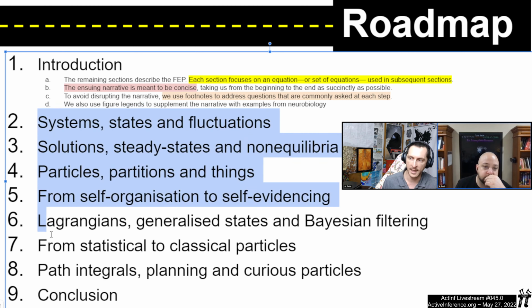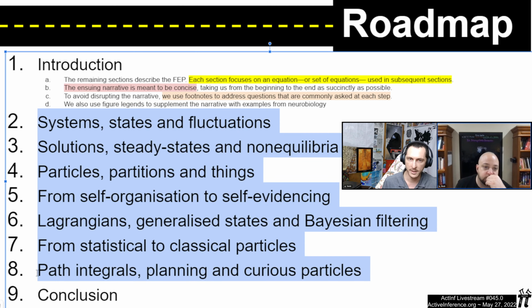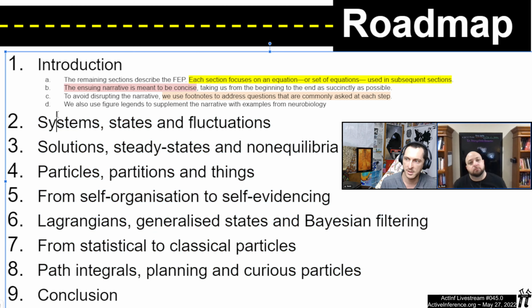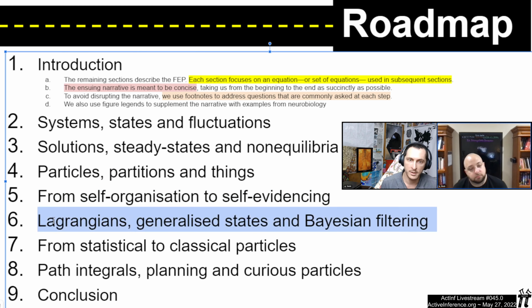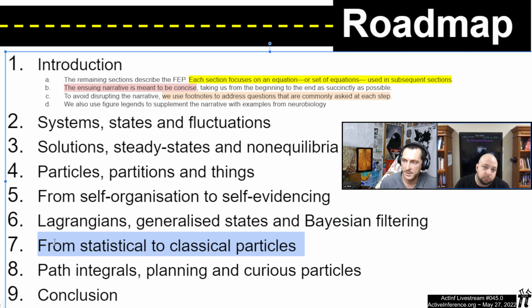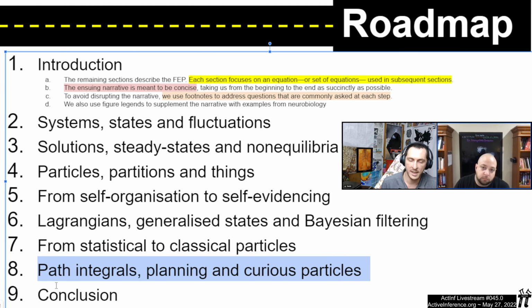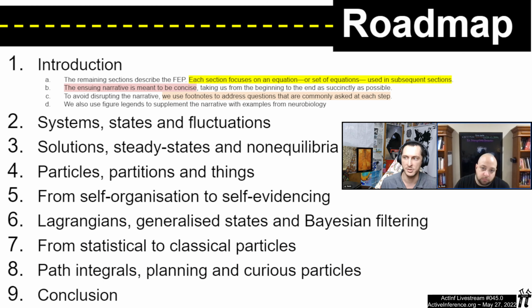But the mainline narrative is going to be touching on these formal areas: systems, states, and fluctuations in 2, steady states and non-equilibrium in 3, particles, partitions, and things in 4, self-organization to self-evidencing in 5, Lagrangian, generalized states, and Bayesian filtering in 6, statistical to classical particles in 7, path integrals, planning, and curious particles in 8, and section 9 will be a conclusion.